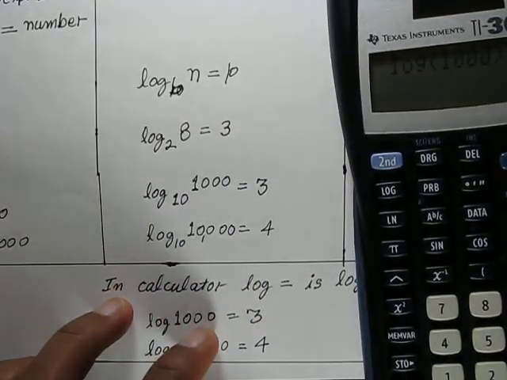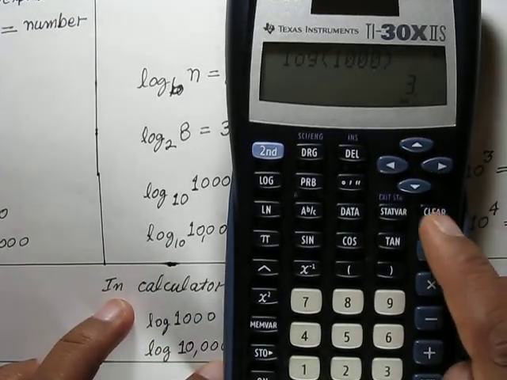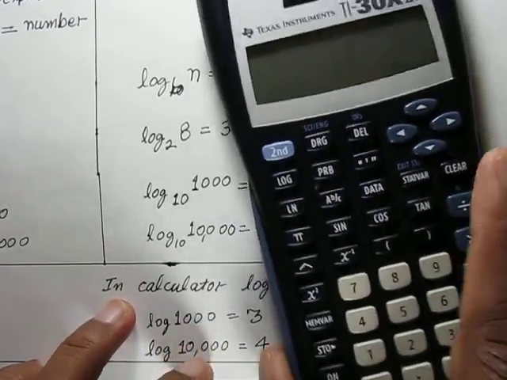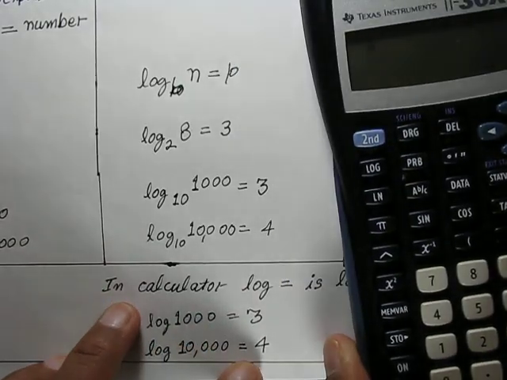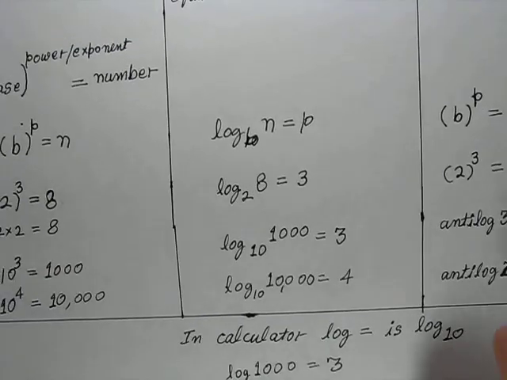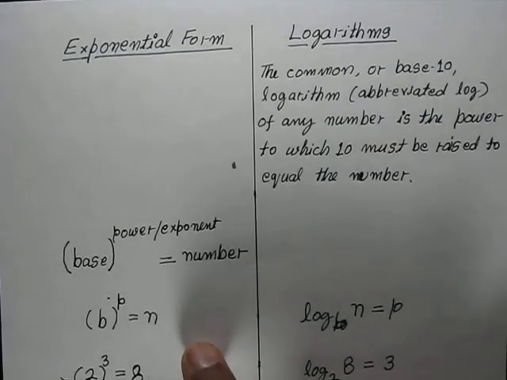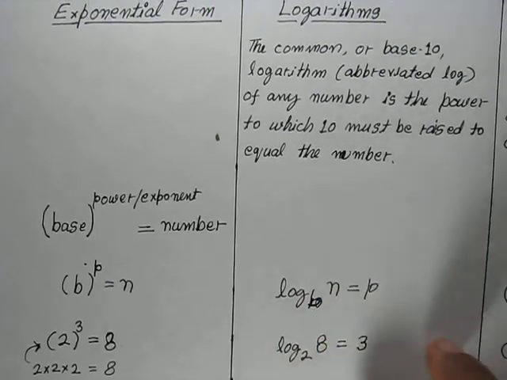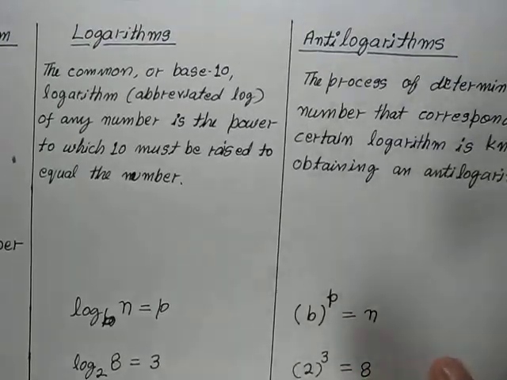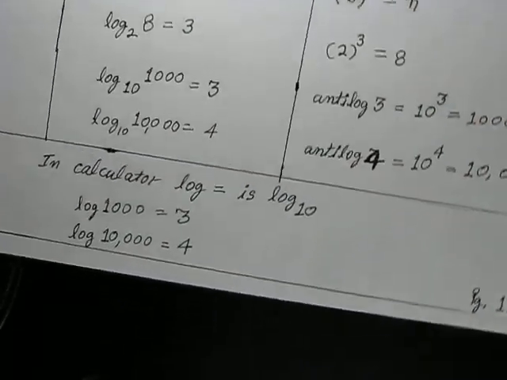Same way, log 10,000 will be 4. So this was a brief look at how you can convert exponential form into logarithm form, and logarithm form into anti-log. Let's take some more examples to understand.